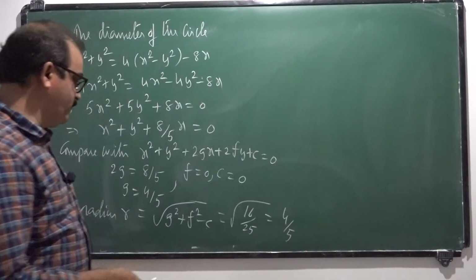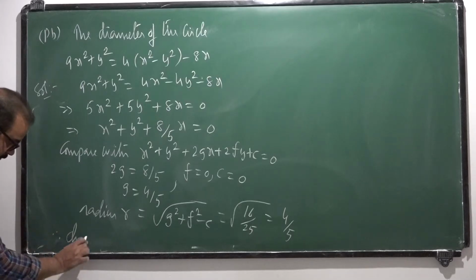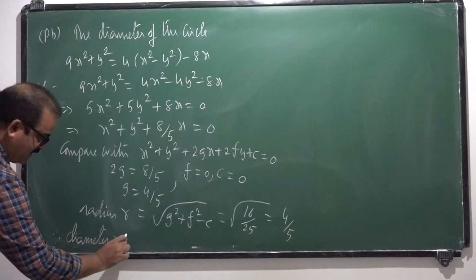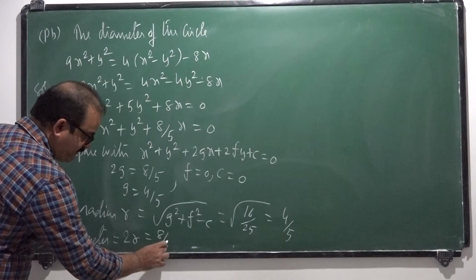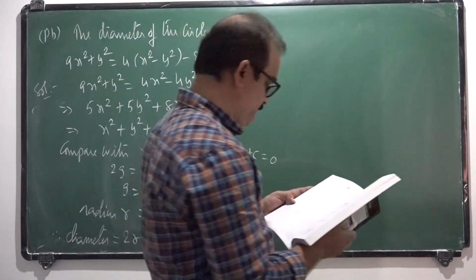If radius is 4 by 5, therefore diameter, if r is the radius, then diameter is 2r. 2 into 4 by 5, that is 8 by 5.